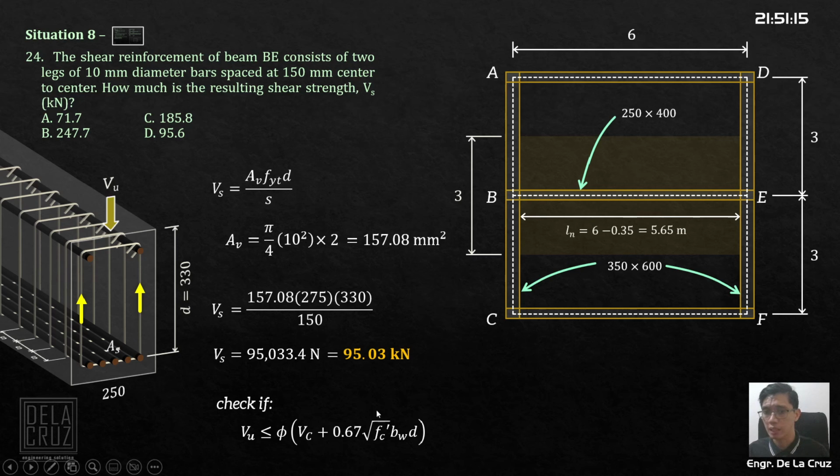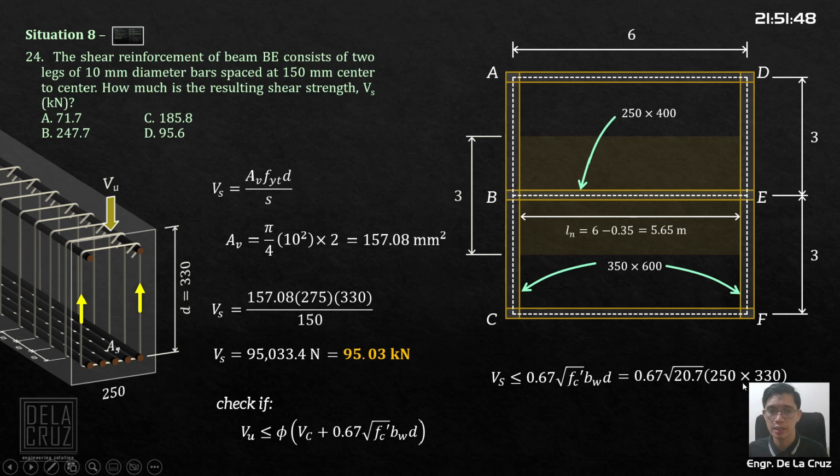So, actually, itong term na yan, ito yung limiting value of the VS. Kasi sa 2010 na code, hindi siya ganito pagkasulat sa ating NSCP. Kino-compare natin si VS sa 0.67. So, why not i-check na lang muna natin yung VS. Diretso na. Huwag na natin galawin yung VC at VU. Okay? Check if VS is less than this term.